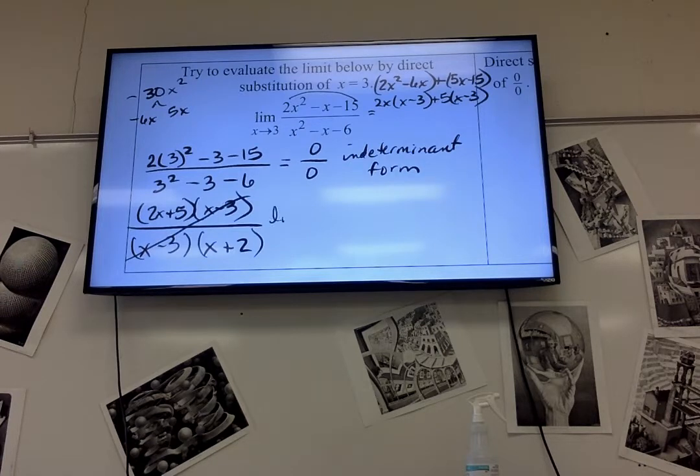So I could do this as the limit as x approaches 3 of 2x plus 5 over x plus 2. Then we plug in 3. Direct substitution gives 11 over 5. It's 11 fifths.